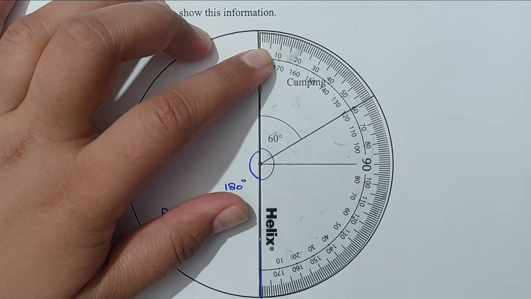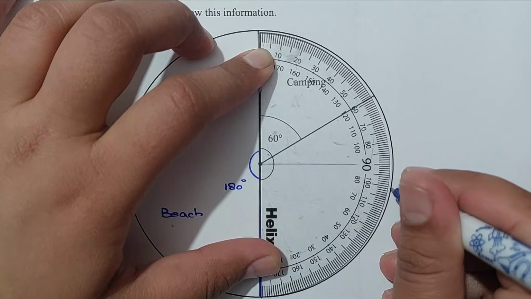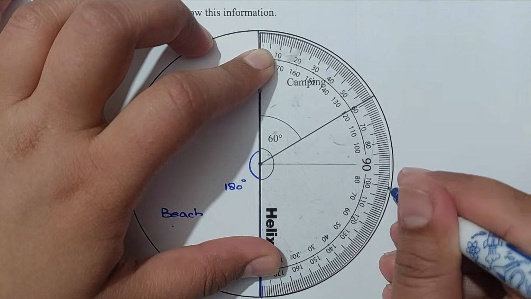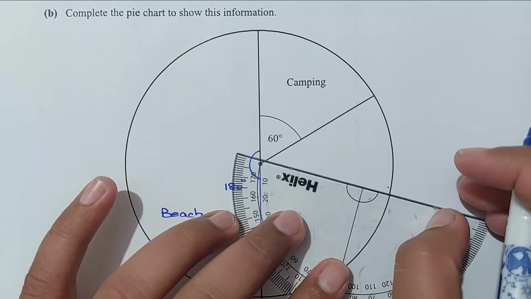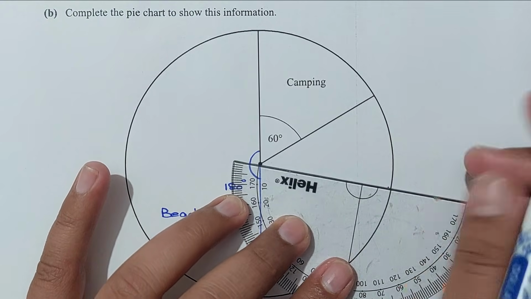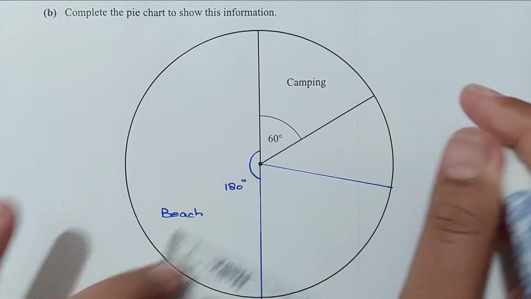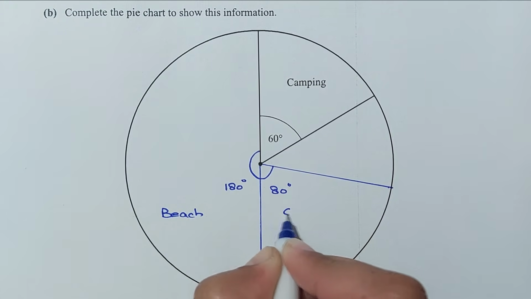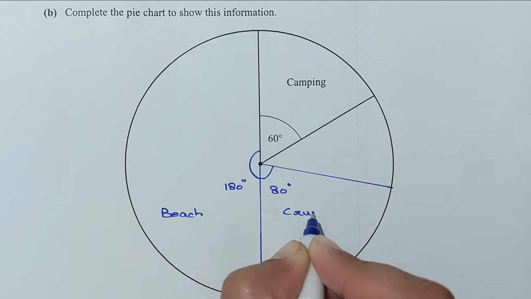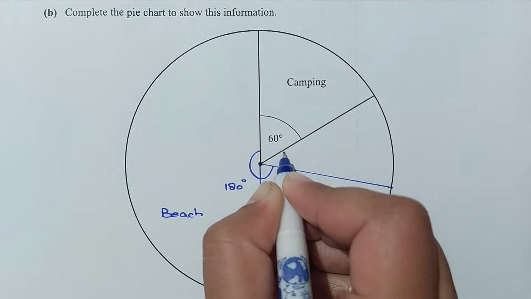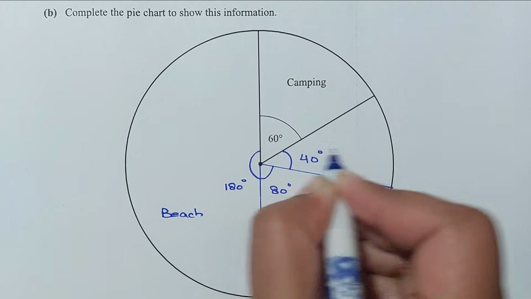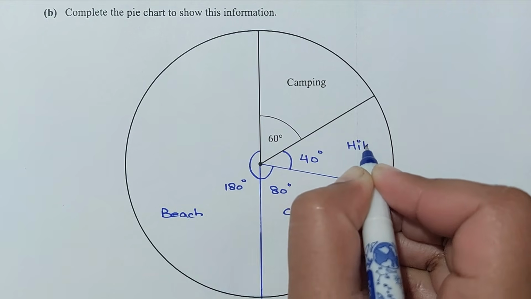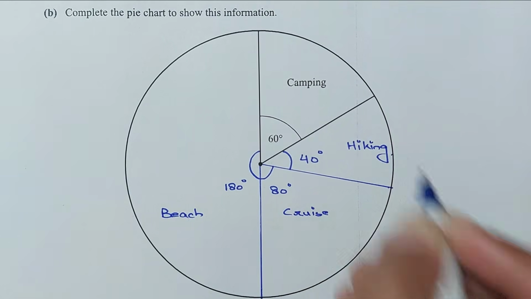If I can measure from here, the 80 is over here, 0 till 80, you can see. So this angle is 80. Okay, this is 80 degrees, and for cruise, the left angle is 40 degrees, which is for hiking. So that is the pie chart.